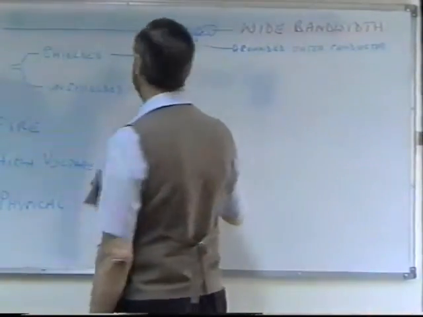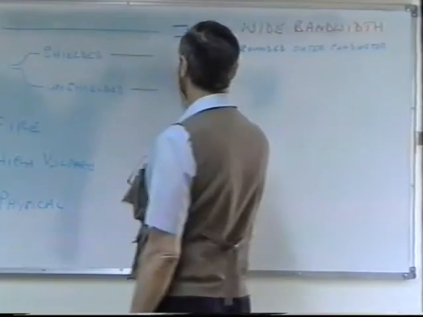Now, the next type of conductor here is shielded twisted pair.